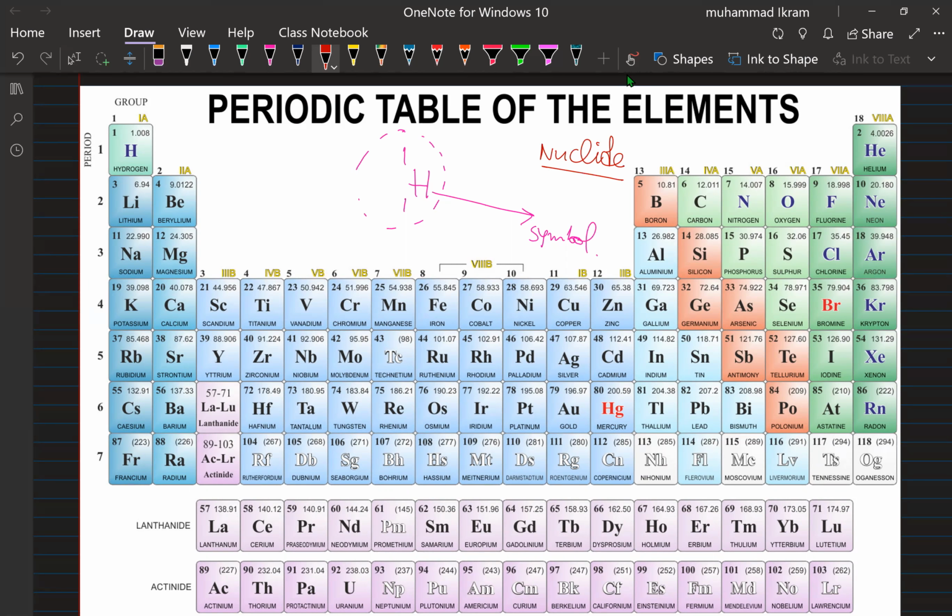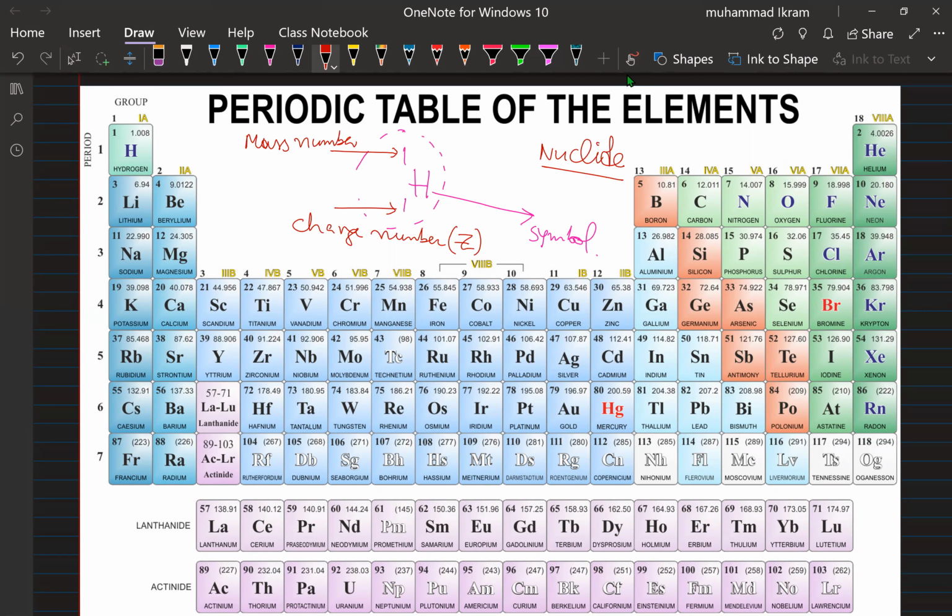Okay, and this part we call the charge number, Z, that is the number of protons inside the nucleus. Here you see it is the mass number.